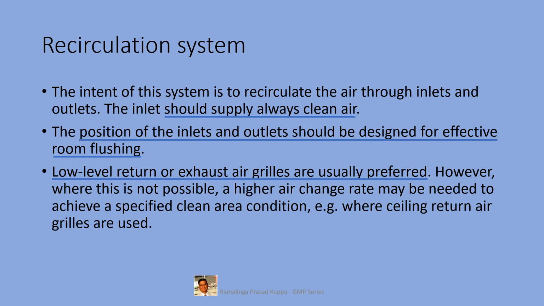This would give you the volume of the room. Take the capacity of the blower, which is generally given as cubic feet per minute, and multiply by 60 to get the result per hour. Then divide the figure by the volume of the room. You get the number of air changes per hour. Approximately 10 to 20 is a comfortable number.